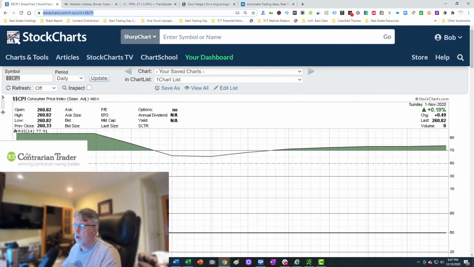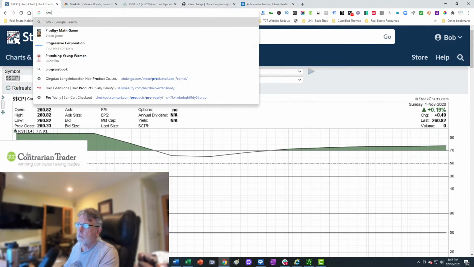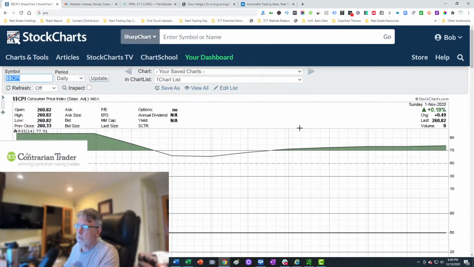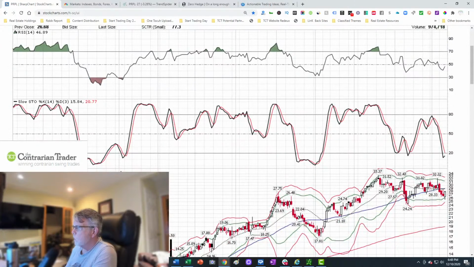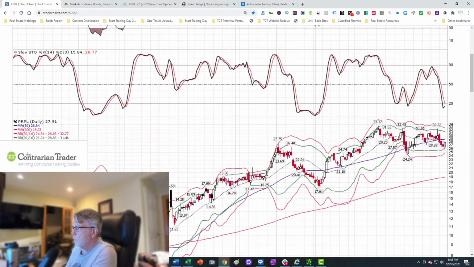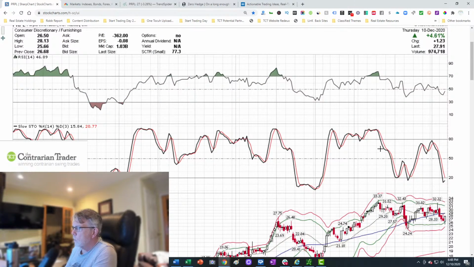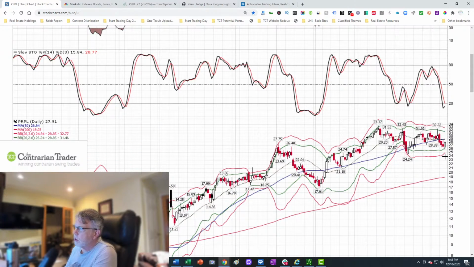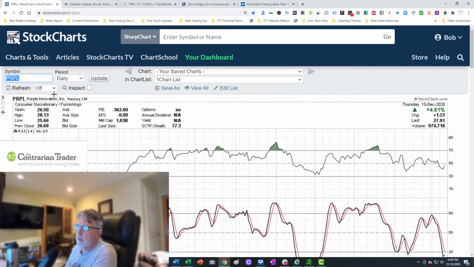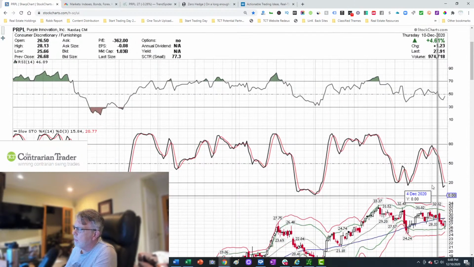Let's check out the Stokes. All right. If you're going to open a position, I would stay small here because typically when you have Stokes that are down below the 20 mark, they're bottoming out.